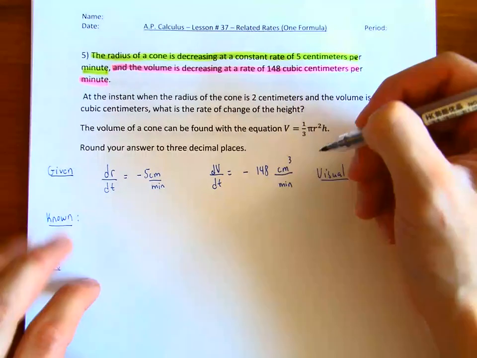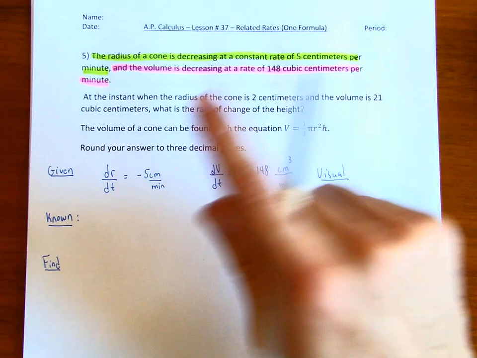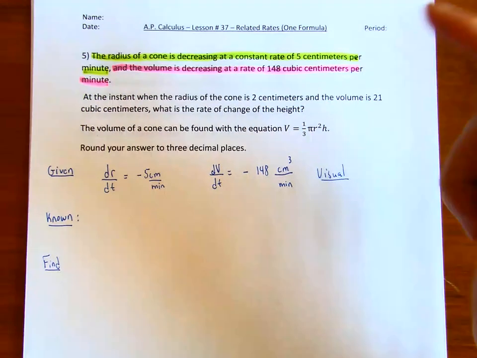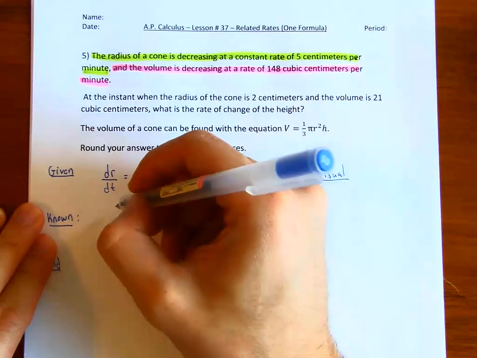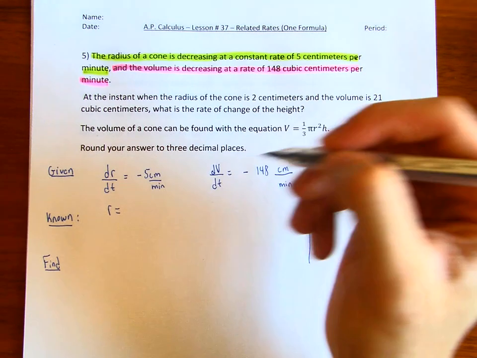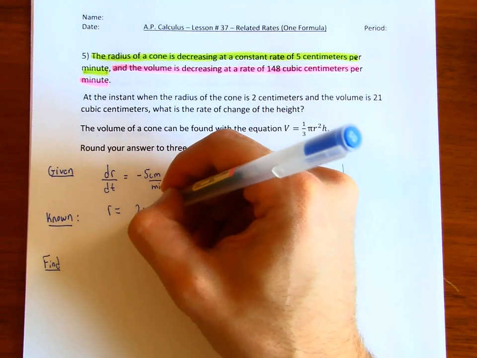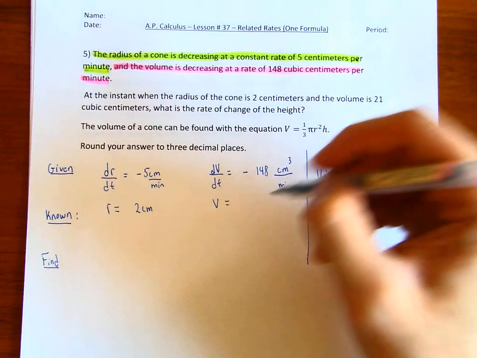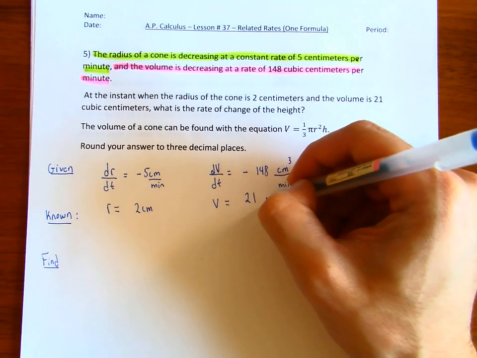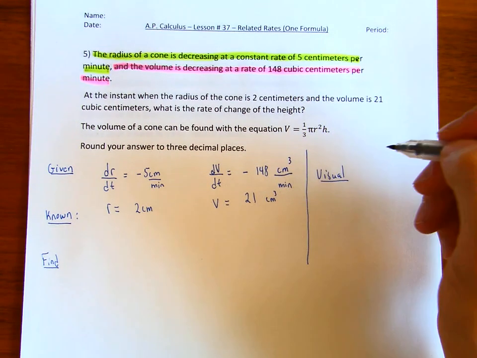Okay, now at the instant when the radius of the cone is 2 centimeters, so you also know that your r value is 2 centimeters and the volume is 21 cubic centimeters. Okay, so 21 cubic centimeters.